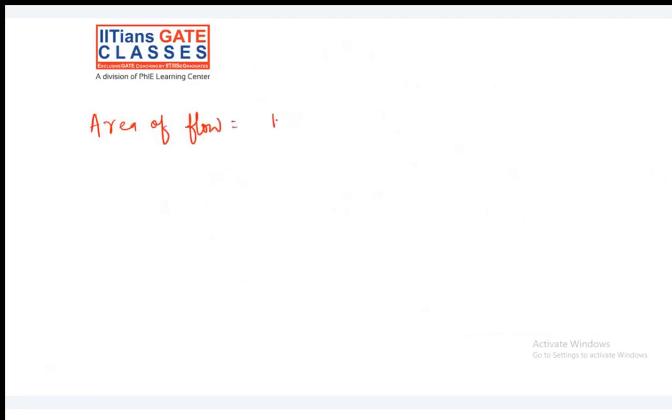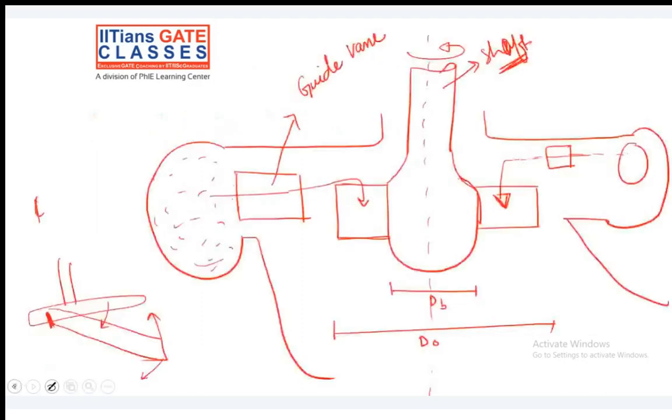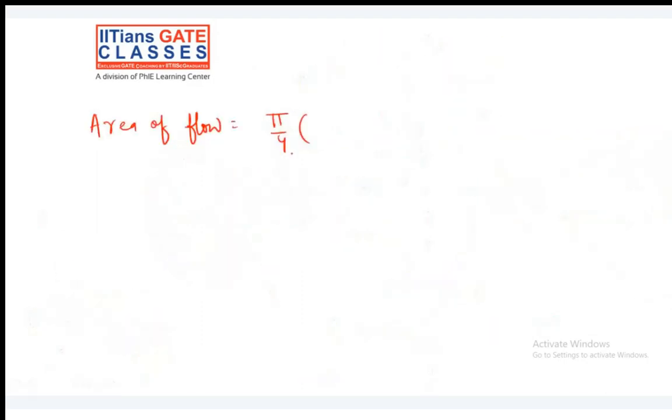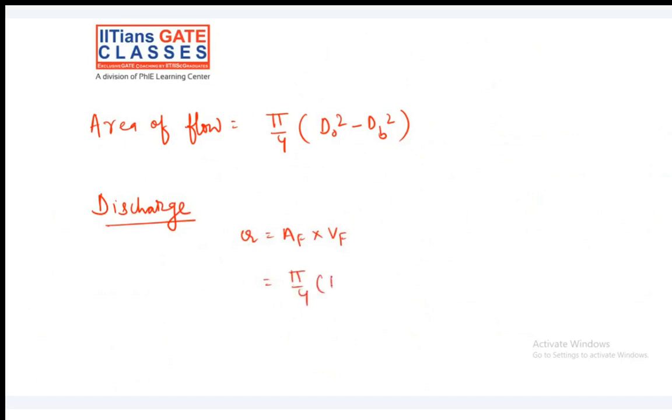This is equal to pi by 4 into D outer square minus D_b square. This is the area of flow, right? And what is the discharge value? Discharge Q is area of flow into velocity of flow. And area of flow is pi by 4 into D naught square minus D_b square.